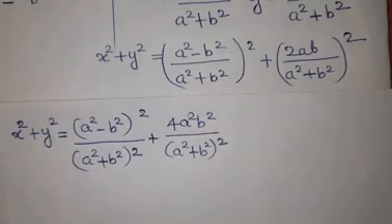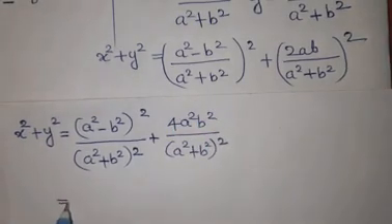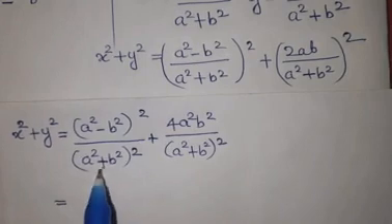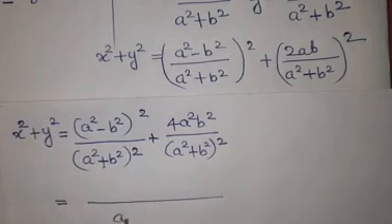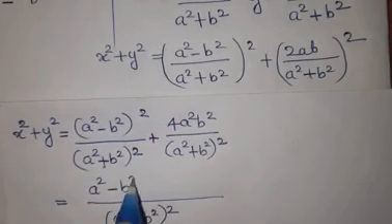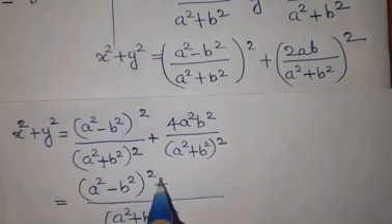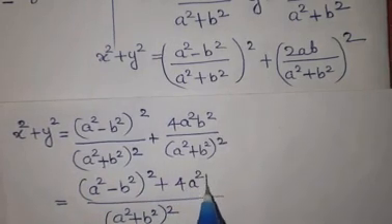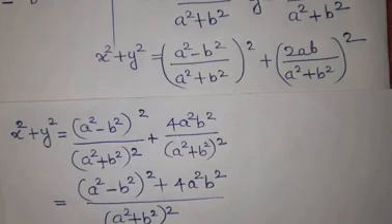We squared both expressions. Now (a square plus b square) the whole square is the common denominator. The numerator will be (a square minus b square) the whole square plus 4a square b square. Okay.